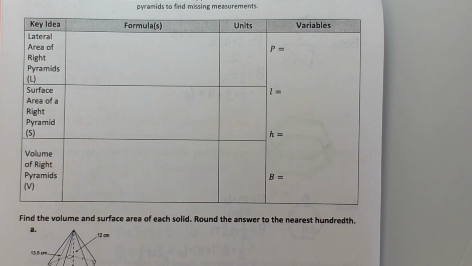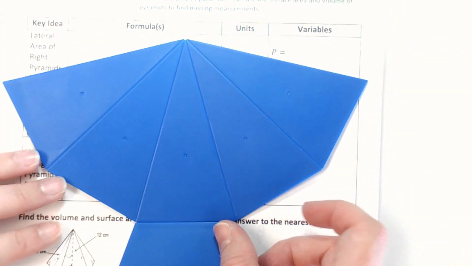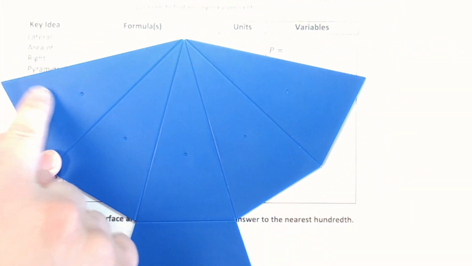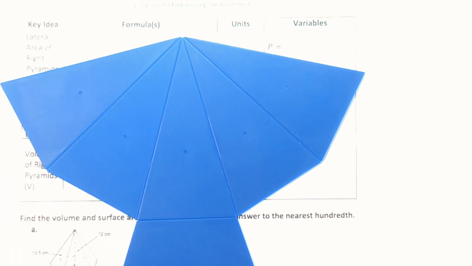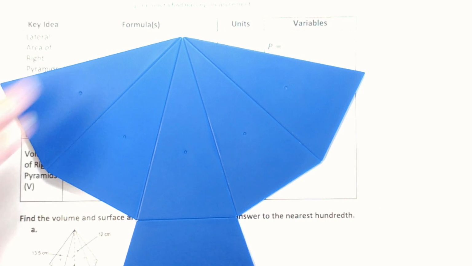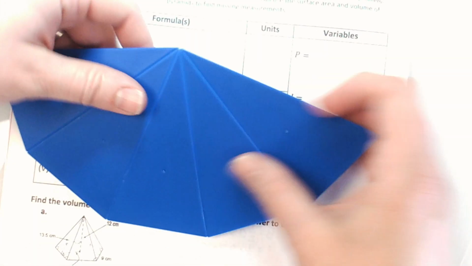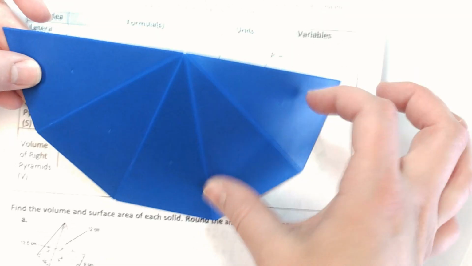So, as a result of working with these regular pyramids, that means all 5 of these triangles are congruent to one another. If I want lateral area, I'm focusing in on the area of just these triangles.